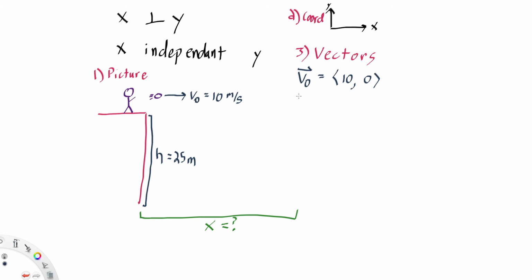We can write our initial position as 0 in the x direction but 25 in the y direction, because we are starting 25 meters above the ground.